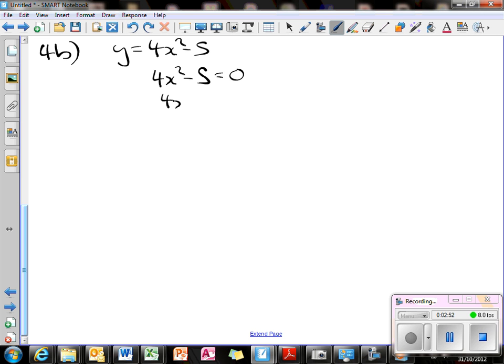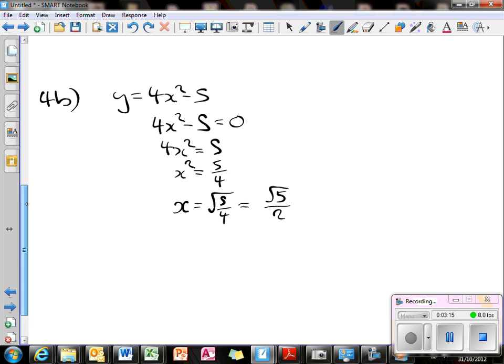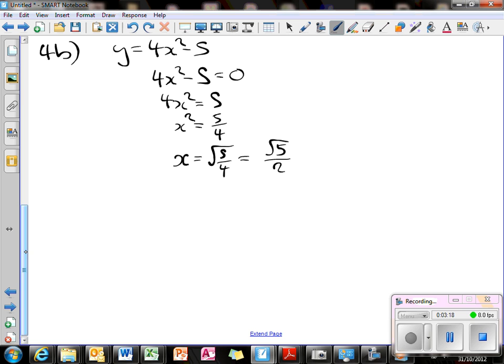So this is going to be 4x squared equals 5, so x squared equals 5 over 4. So my x value is going to be root 5 over 4, which is equal to root 5 over 2. So it's going to cut at the positive and negative of this.